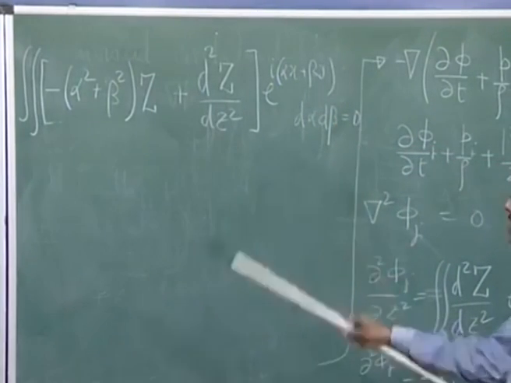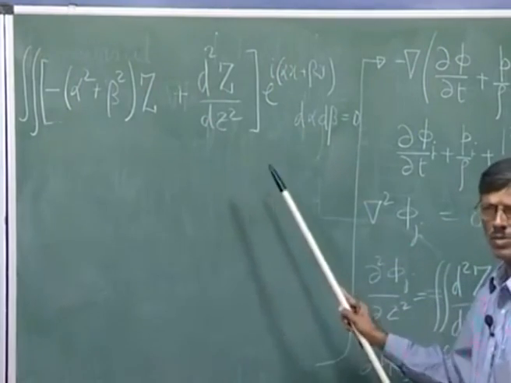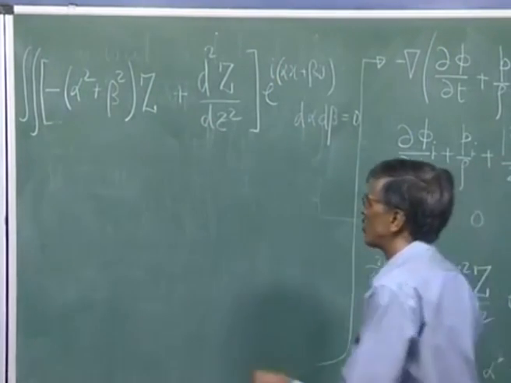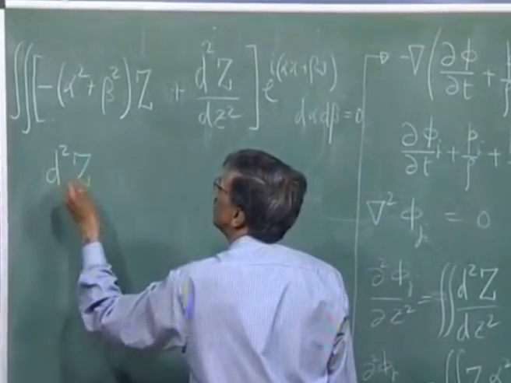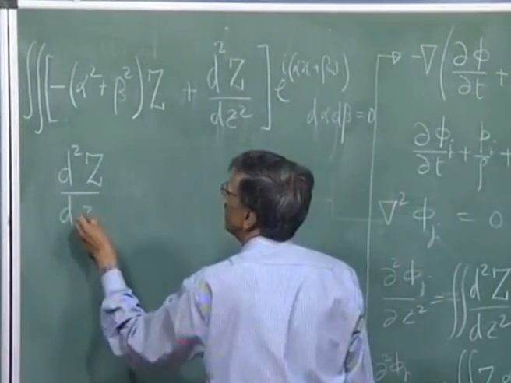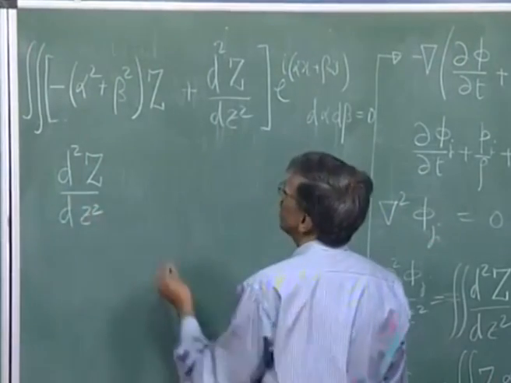If this integral is equal to 0, the integrand must be equal to 0. That is the governing equation for this amplitude as a function of z.